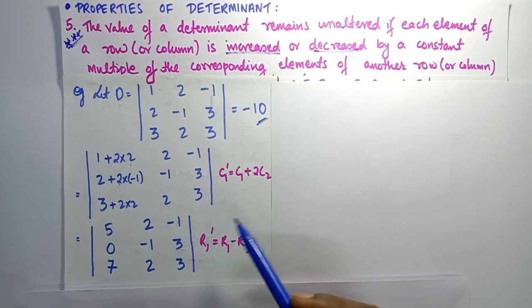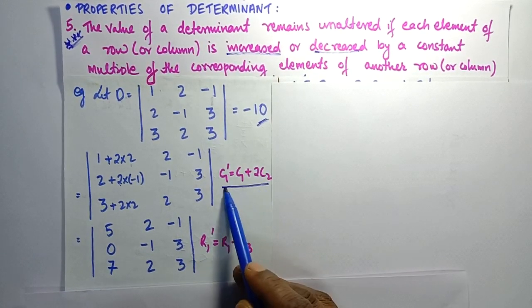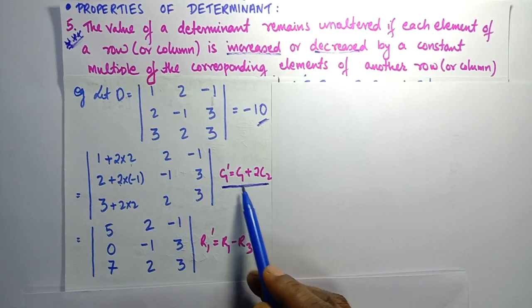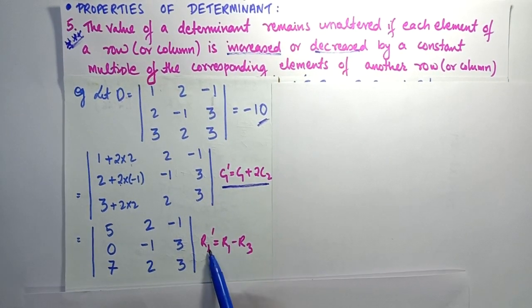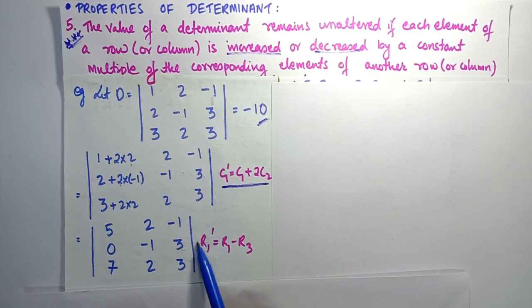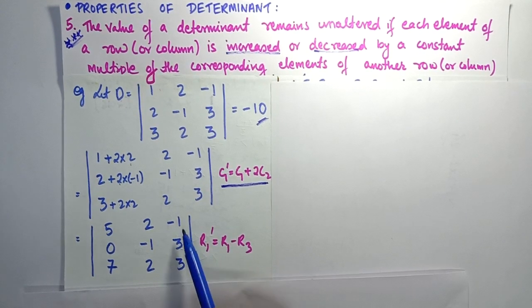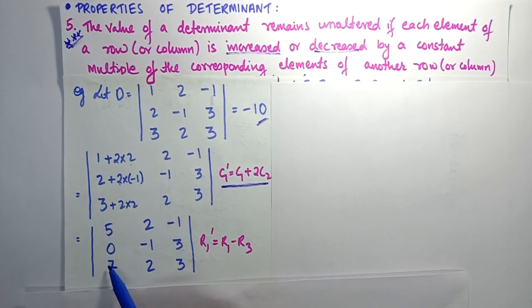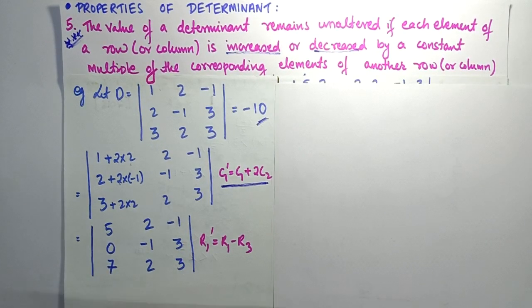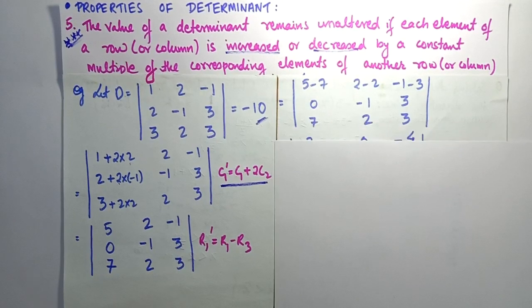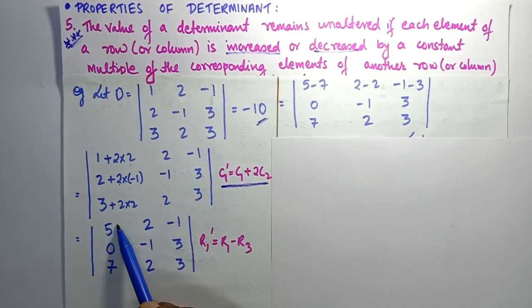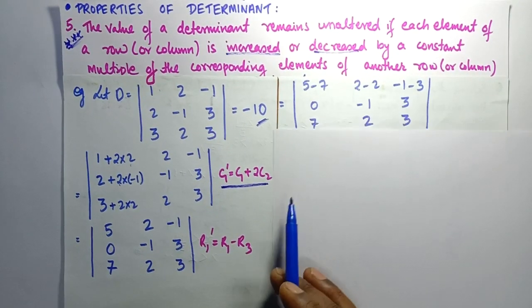Now on the third step, you have to write this way only at the side. What operation you are doing, you have to symbolize this way. Now what I am doing in this, r1 dash means r1 is changing. What I am doing to the r1 is r1 minus r3, that means this minus this corresponding element. So you can see in the next side, corresponding element I have to minus, that means 5 minus 7, so 5 minus 7.